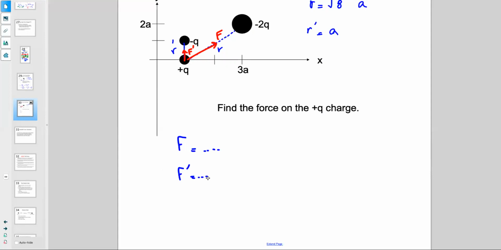So in order to find the net force, all right, you have to add them up. But you can't just add their magnitudes. These are vector quantities, and you have to add them in a vector way.